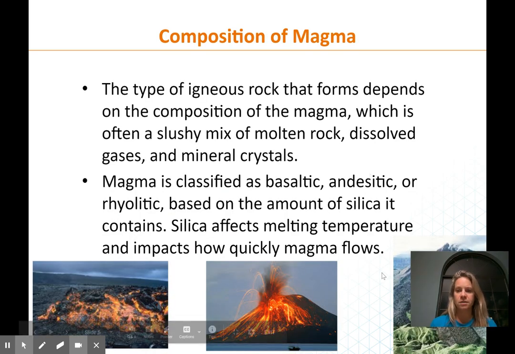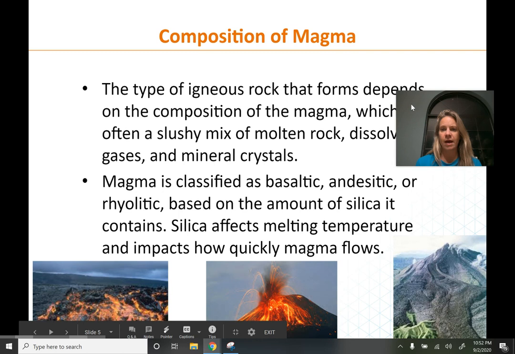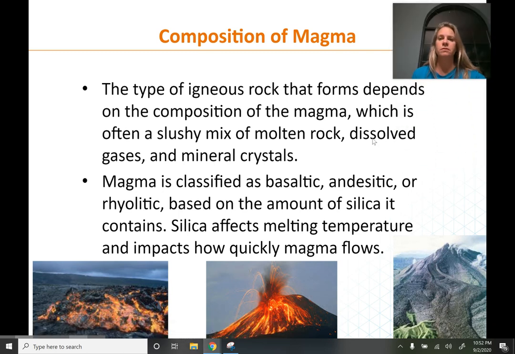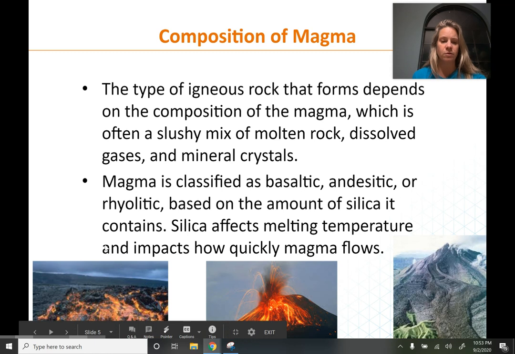So we've got different compositions of magma, and that's what makes up these rocks. It depends on what minerals are present as to what the rock looks like. So it's classified as basaltic, andesitic, or rhyolitic. This would be a great example of basaltic.